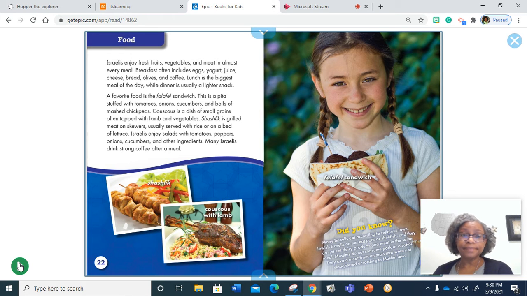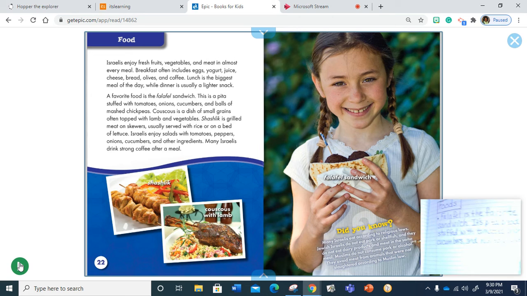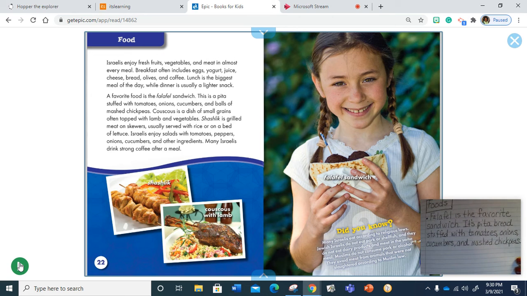By the way, falafel is one of their favorite sandwiches. So, can I show you my notes? Take a look. I didn't just write down the word falafel. I even told you falafel is the favorite sandwich. It's pita bread stuffed with tomatoes, onions, cucumbers, and mashed chickpeas. Yummy.